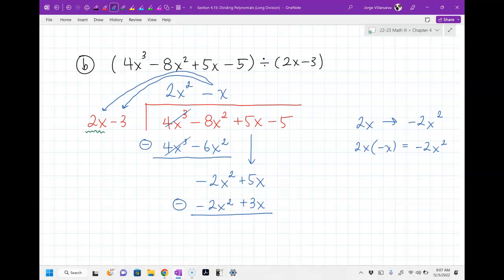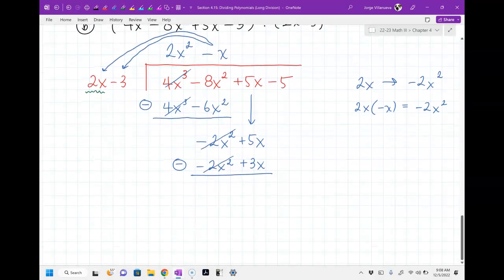And I'm going to subtract. All right, well, negative 2x squared minus a negative 2x squared is going to actually cancel out, so that's gone. 5x minus 3x, well, that's 2x. And now we drop the very last part of this, the minus 5.